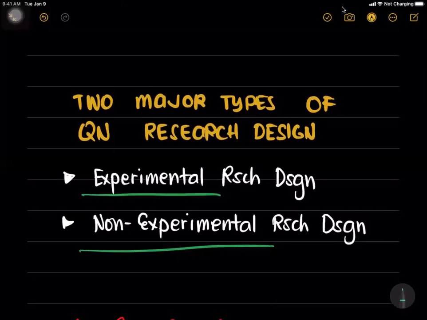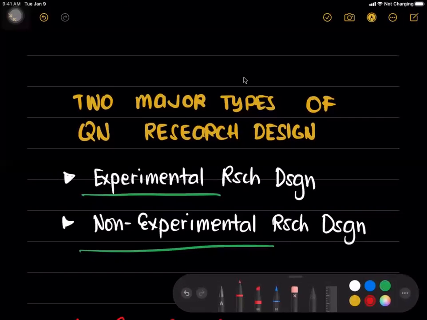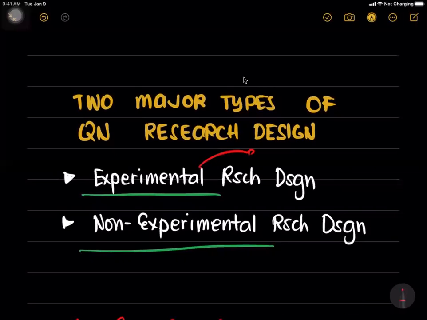Now, if we speak about experimental research design, we are most likely talking about experimentation. And what is this experimentation? We will discuss later on. So it's more controlled.